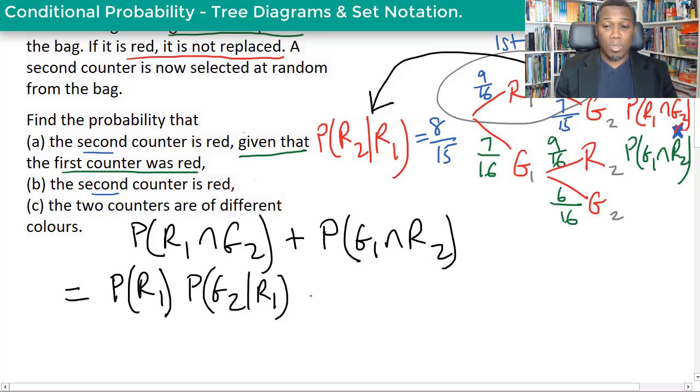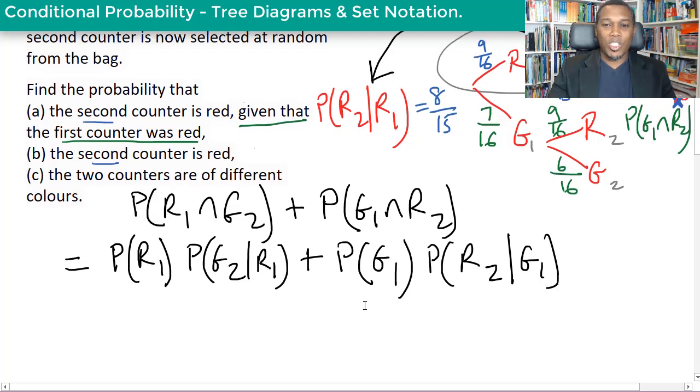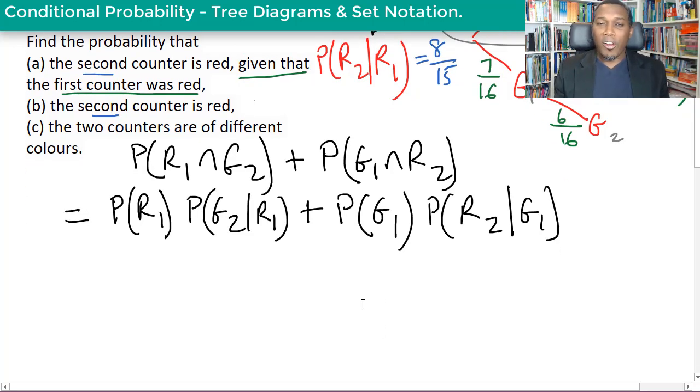That's what the notation means. And then add the probability of getting green first multiplied by the probability of getting red second given that I got green first. Doesn't it make sense when you read it out and see the notation? Hopefully I was speaking clear English there, but I'm writing set notation.